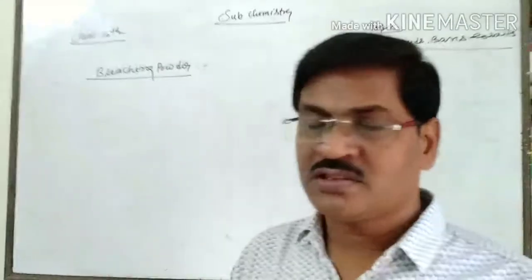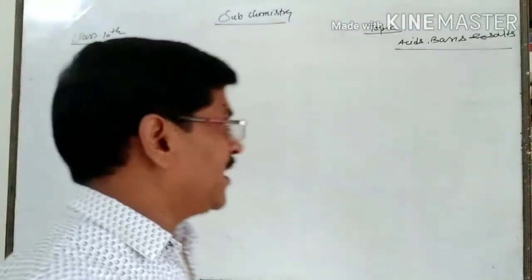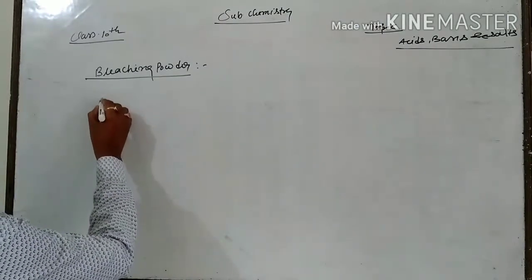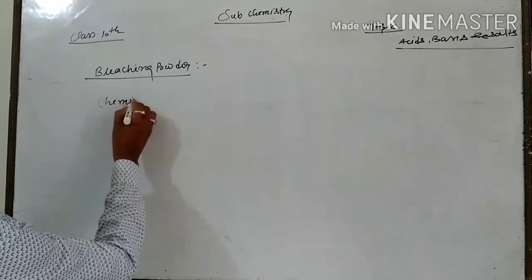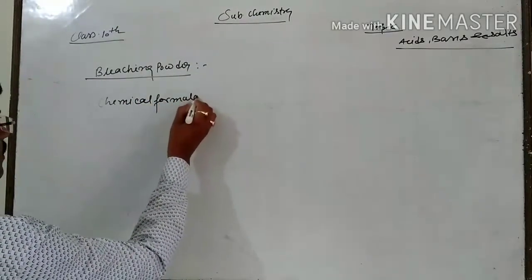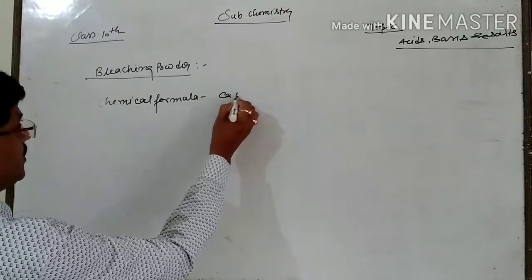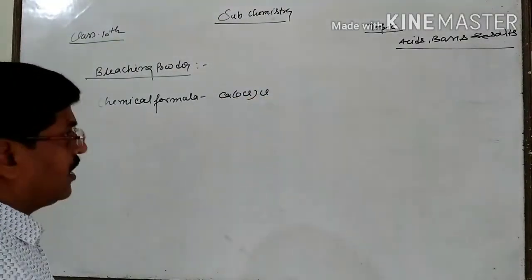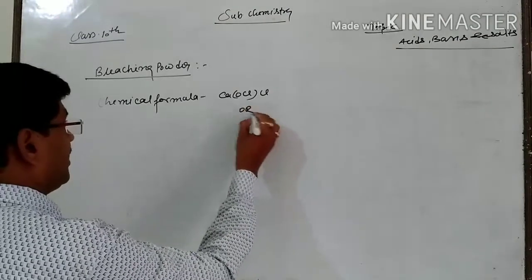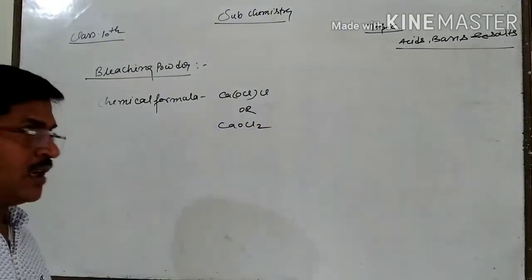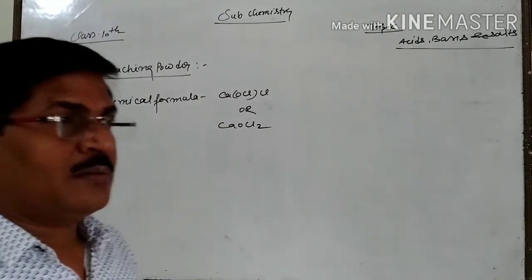If you have to prepare this, first of all you have to remember its chemical formula. CaOCl in bracket, then after that Cl, or you can write CaOCl2. This is the formula of bleaching powder.